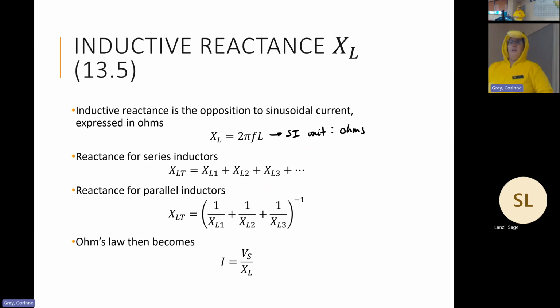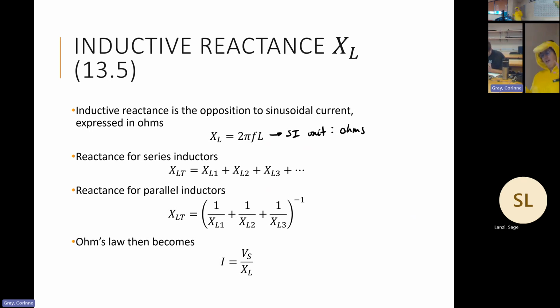Is there any sort of thing for the opposite of a resistor, like the reactance? Reactance always looks like a resistor. We will come back to resistors in a little bit.